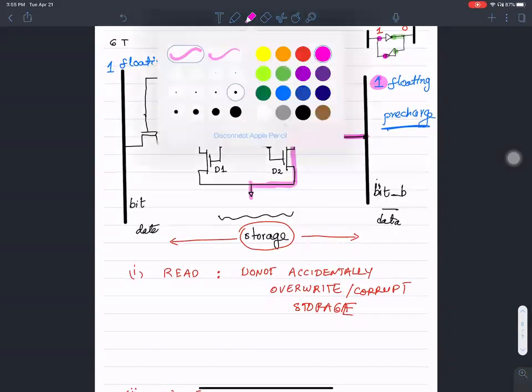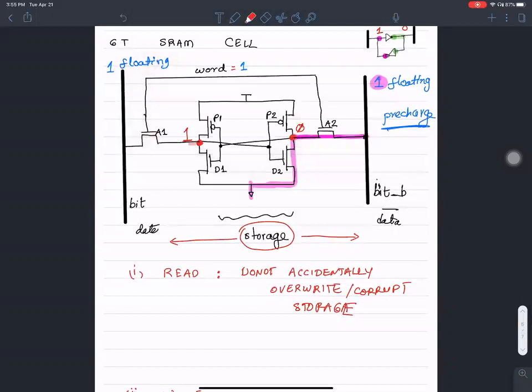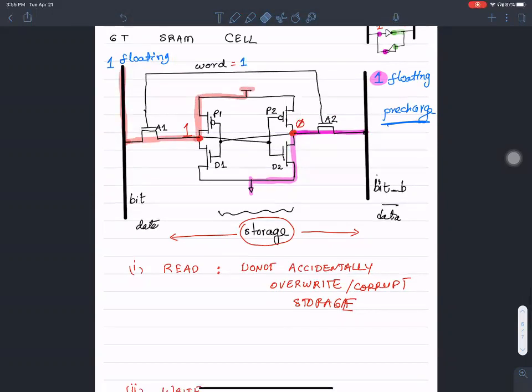Then on the other side, I want to copy this value of 1 and reinforce what is already sitting here through the positive power supply. So through the access transistor A1, does that make sense?